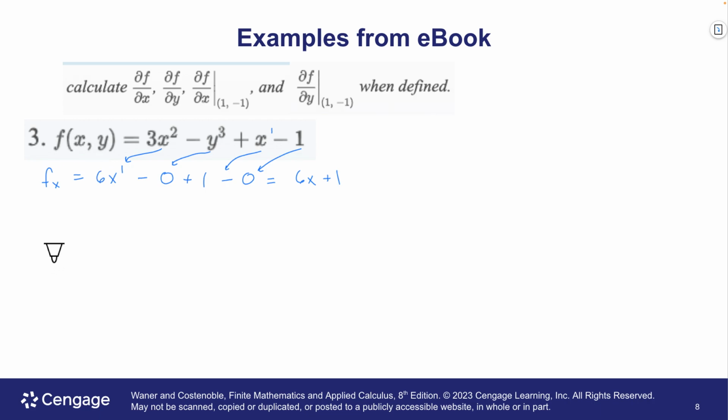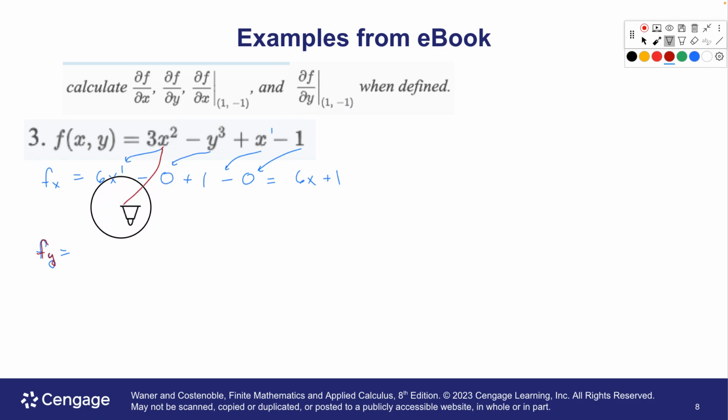Let's go ahead and do the partial derivative with respect to y. See how this changes a little bit. Let's change colors to emphasize we're doing something different. Partial with respect to y. The derivative of 3x squared, since x is now fixed, is going to be 0.